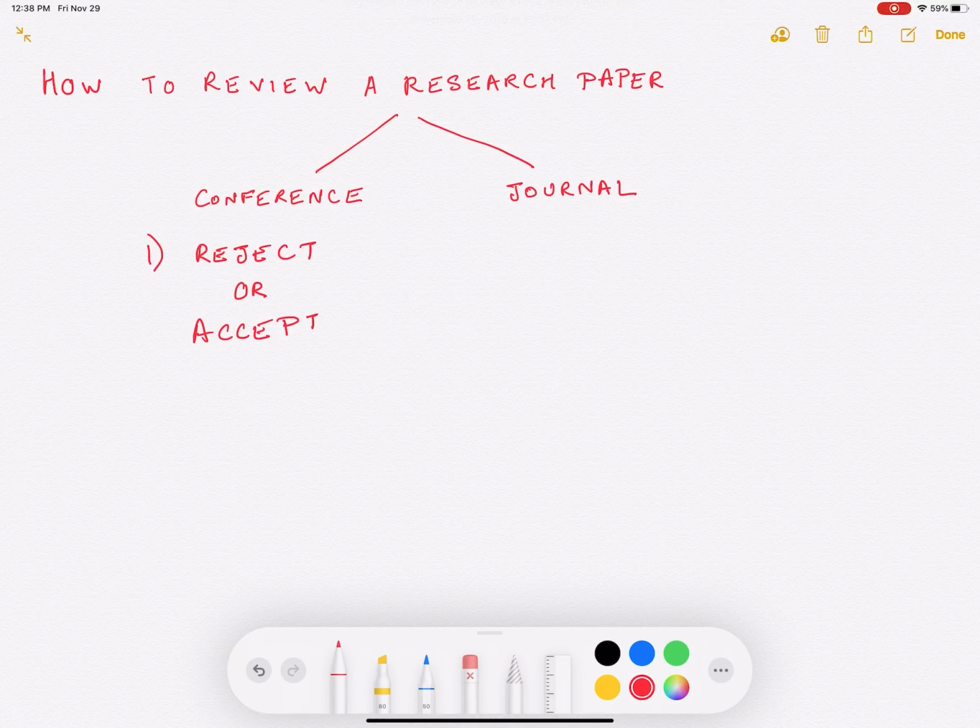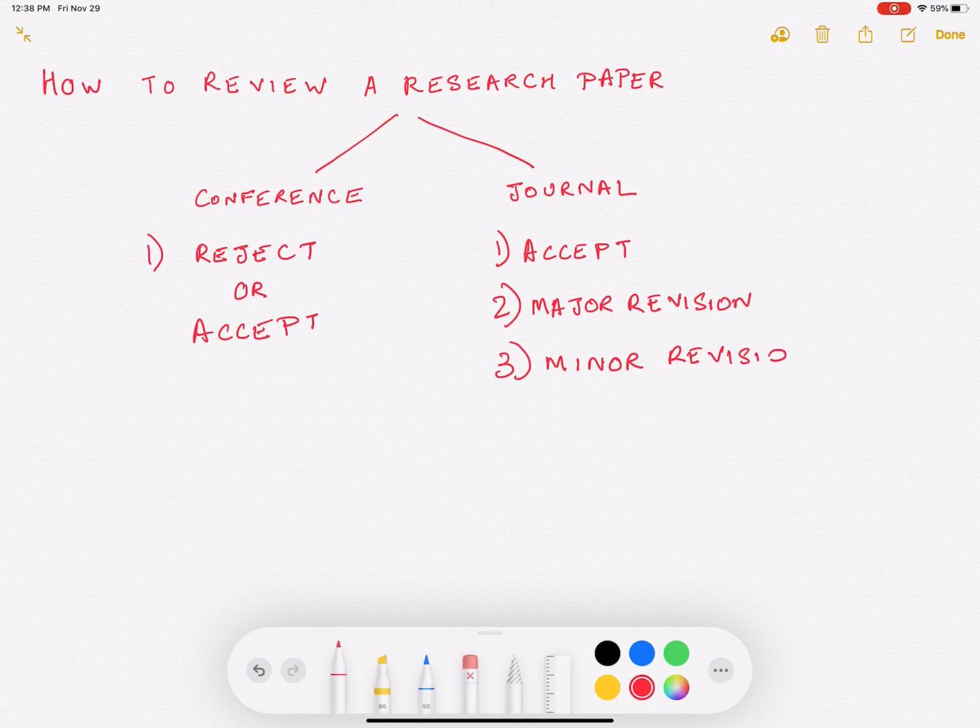In contrast, in a journal, there will be accept, there will be something called a major revision, or there will be something called a minor revision. Because of these different options, a journal paper usually goes through multiple rounds of review at the same journal.